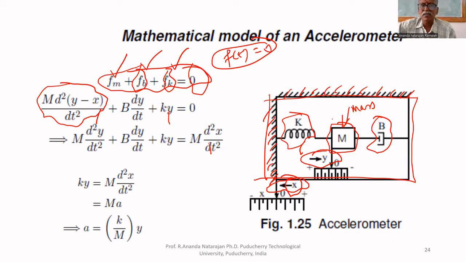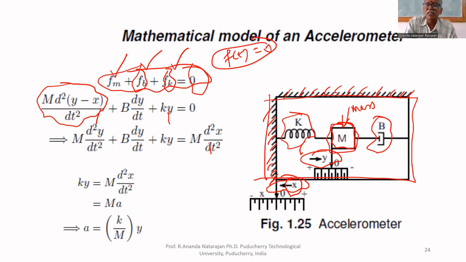What is the displacement of this mass M? It is loosely fitted. If you travel in a bus, and the bus starts while you are standing, not sitting, which side do you move? You move to the opposite side. The bus is moving to the left, so you will move to the right.